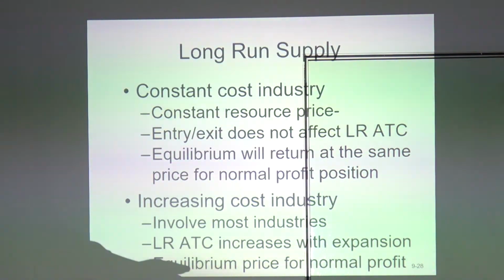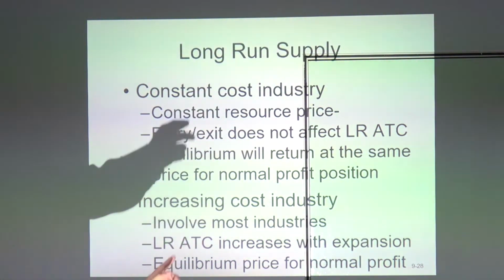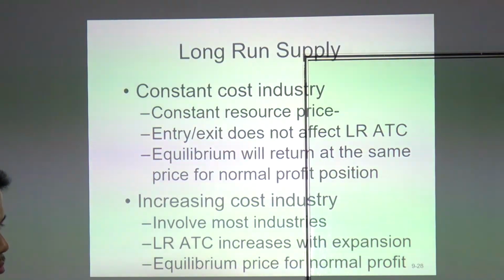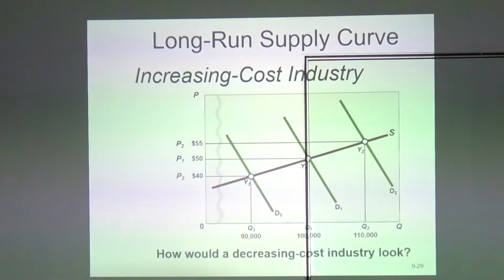Yeah, and therefore the long run supply curve, the new equilibrium will return at the same price level. And therefore the long run supply curve will be perfectly horizontal. This will not be the same as in the case of an increasing cost industry or a decreasing cost industry. Okay. Let's look at.